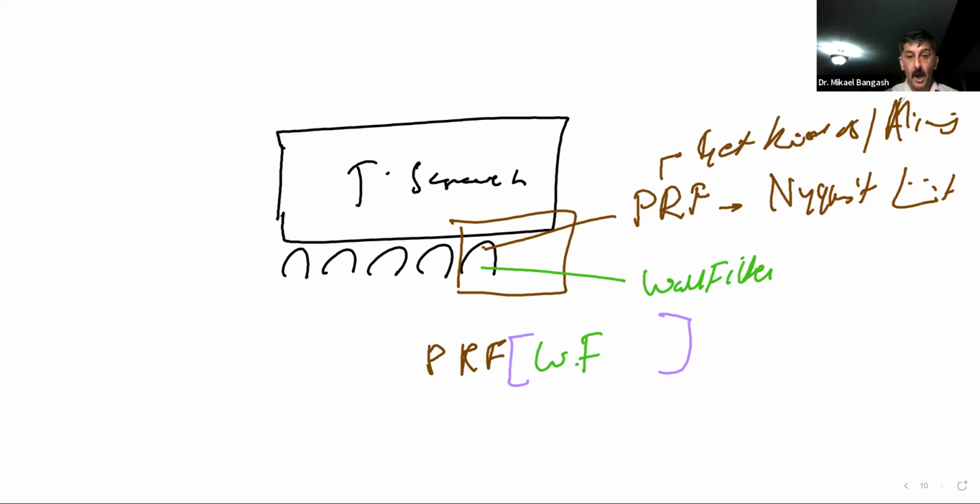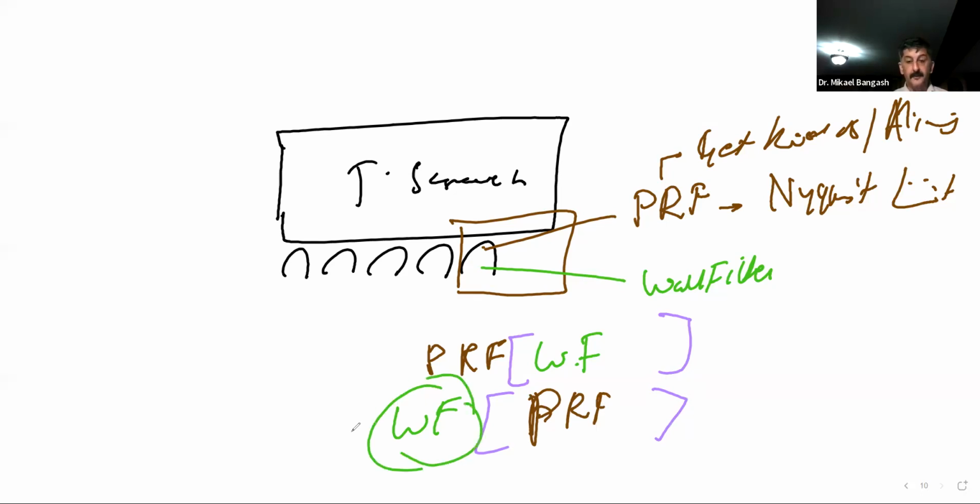Whereas if it is opposite, that your wall filter is outside the bracket and PRF is inside the bracket, that means your wall filter is the active function, and when you increase the wall filter, what will it do?